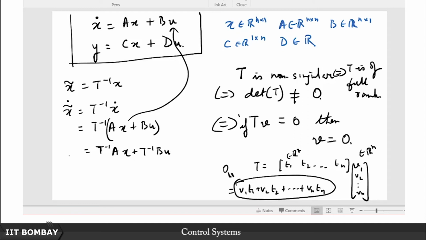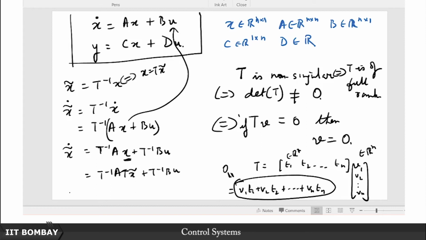But remember, I have x tilde on the left hand side and x on the right hand side, so why not represent this x in terms of x tilde. From this relation I know that x is equal to T x tilde. So better replace this x with T x tilde, plus T inverse Bu.